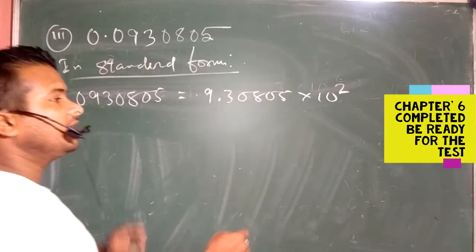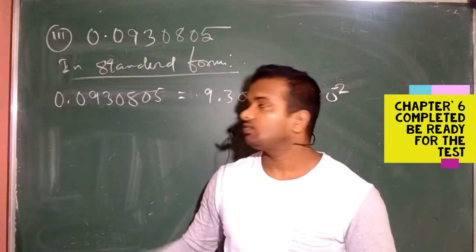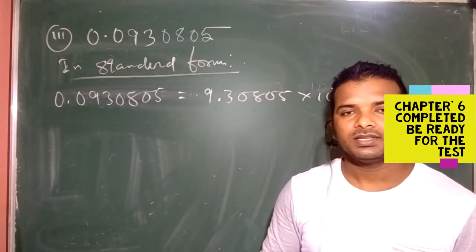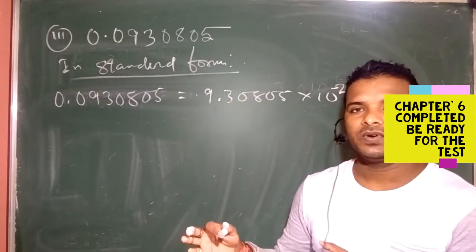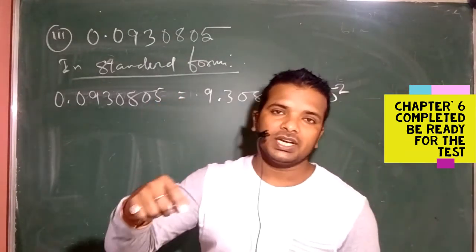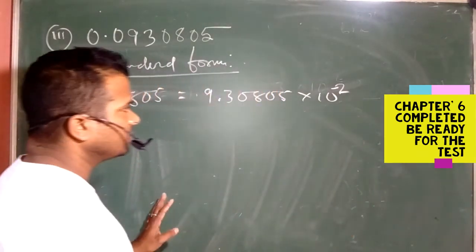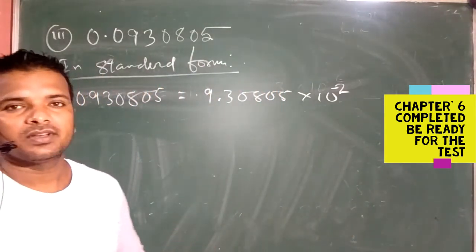So 2, but this is minus 2. Why minus? Because you are taking it from the decimal side, that's why it is negative. If you put the decimal on your side, it is plus 2. I hope you understood. So this is the answer. Okay, clear, right?